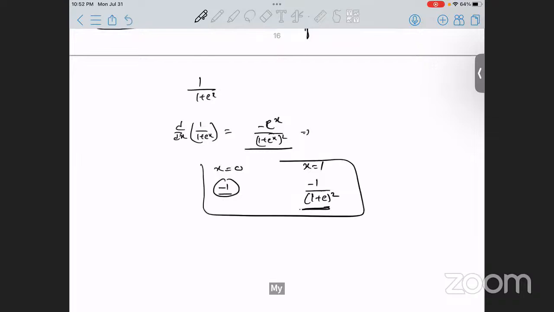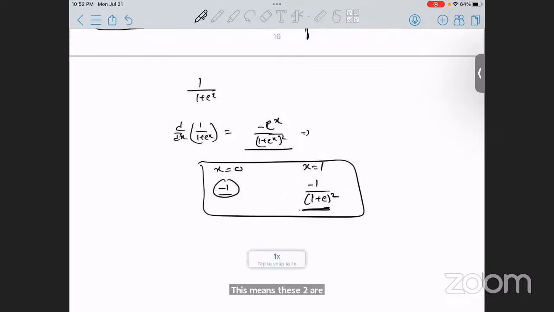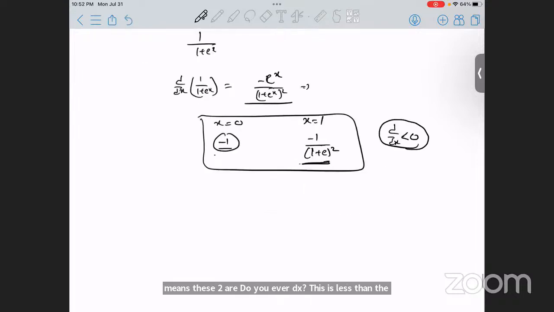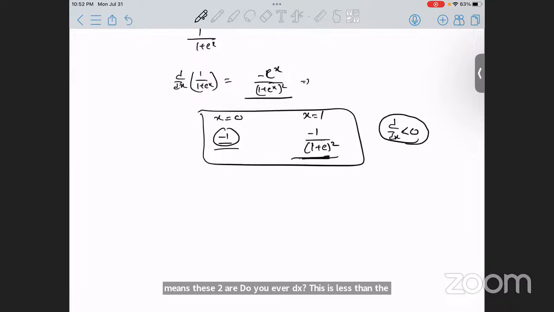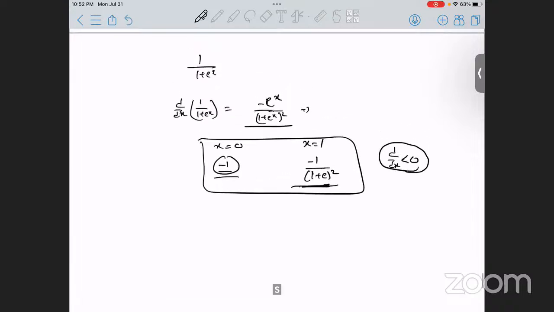This means dy by dx is less than 0. Okay, is it correct?